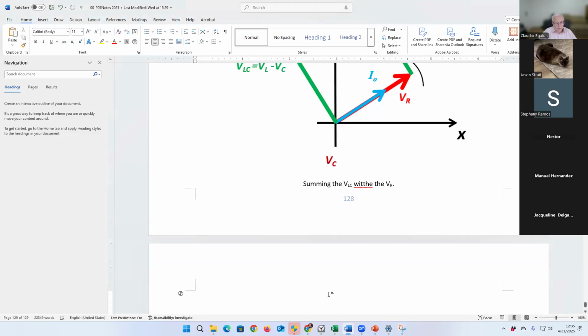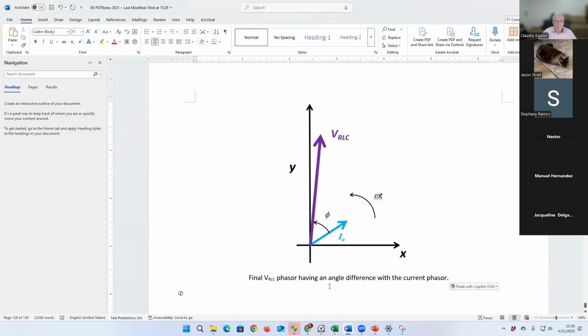The final VRLC phasor. There is an angle phi between the current and the resulting VRLC. Okay, and now we can do the math. Let's do the math. The math is going to look just like that.